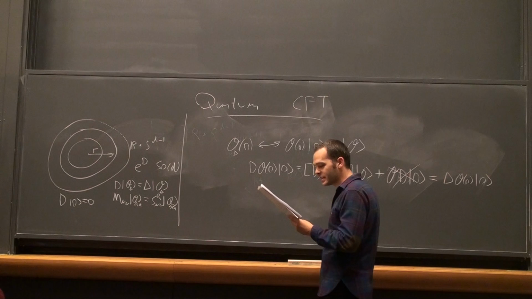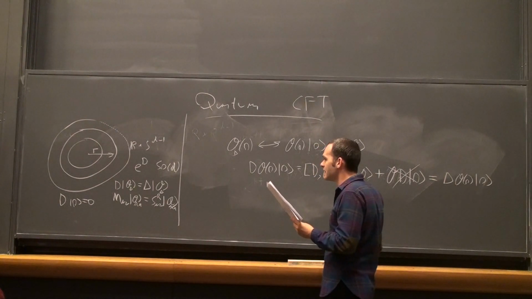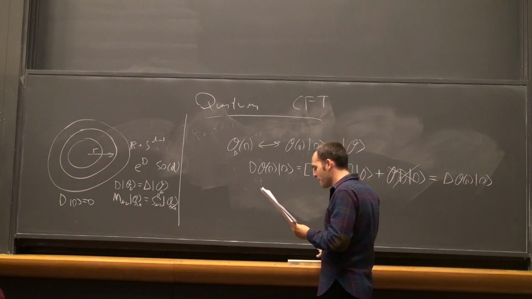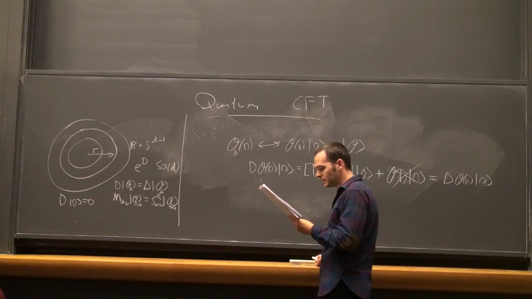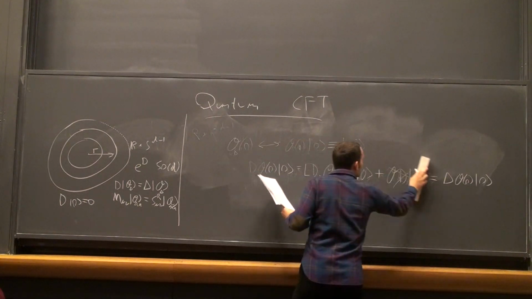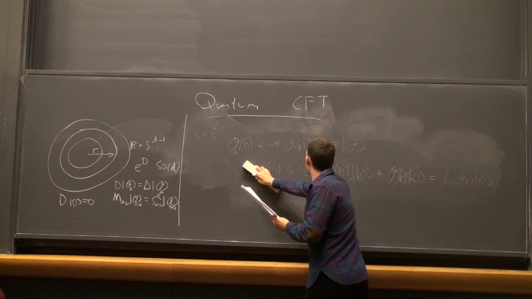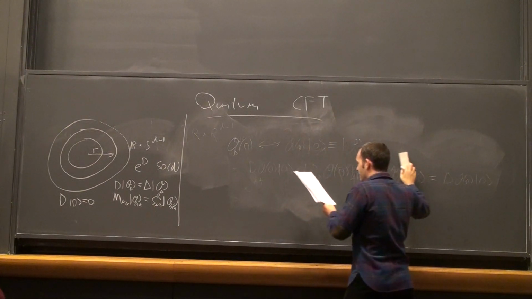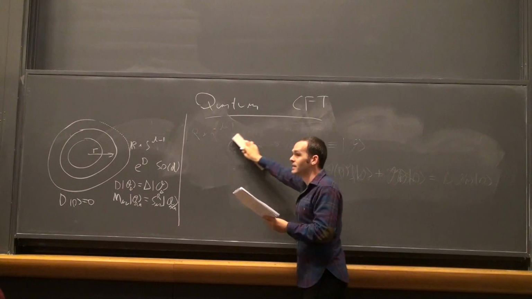I think there's a way to make sense of it, but it's not very obvious from the picture we're drawing. All I'm saying is that O at 0 cannot quite be viewed as a well-defined operator acting on a generic state in the Hilbert space. Anyway, I think the limiting procedure actually is correct.